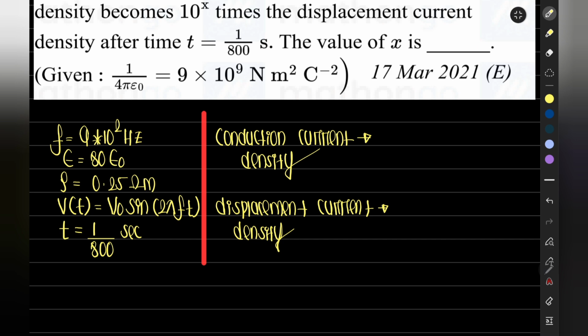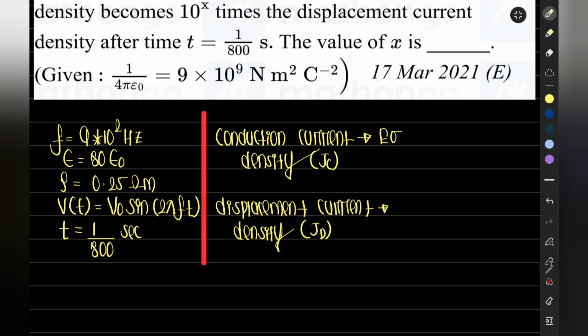So whenever we write the conduction current density, the symbol we use is JC, and the symbol we use for displacement current density is JD. Now what is the formula for the conduction current density? The formula is E into sigma.